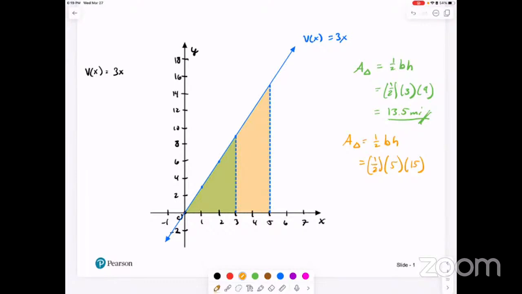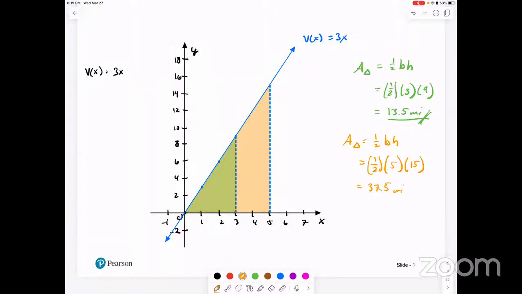I think it's 37.5, right? 37.5 miles. Well, that's the larger triangle.